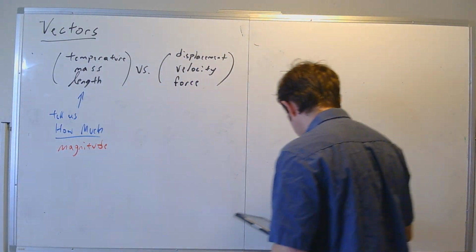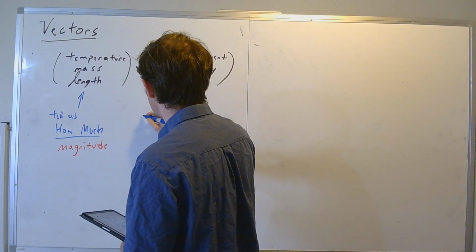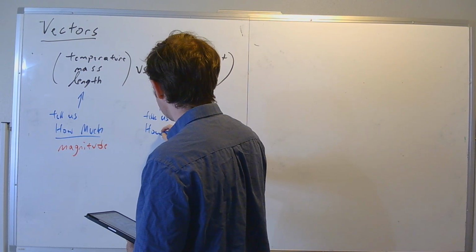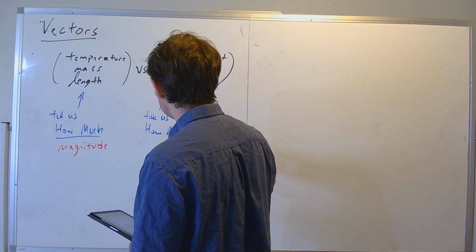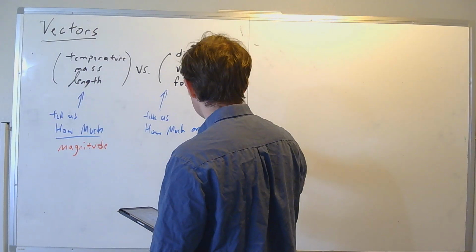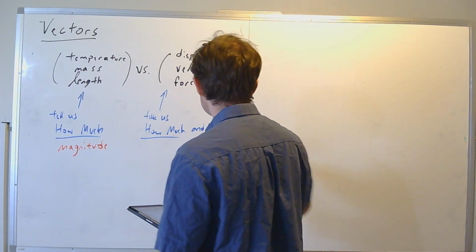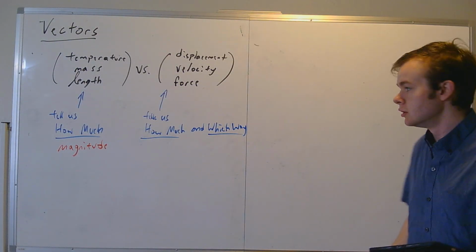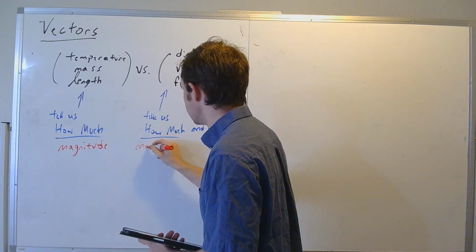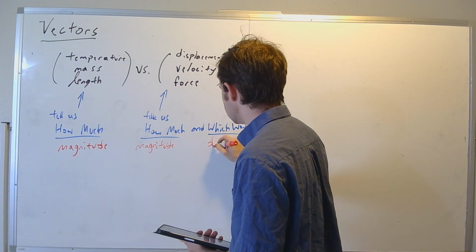So we can look at the second category and we can say, well, the second category also tells us how much, but it also tells us which way. Right, so it tells us how much, but also what direction we have. So I'll say that here, this is our magnitude, and this is our direction.